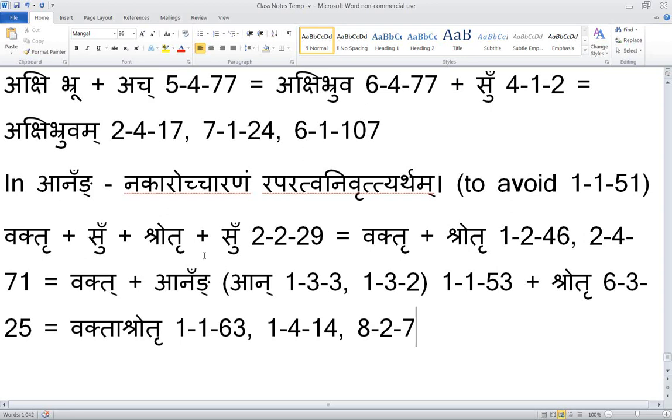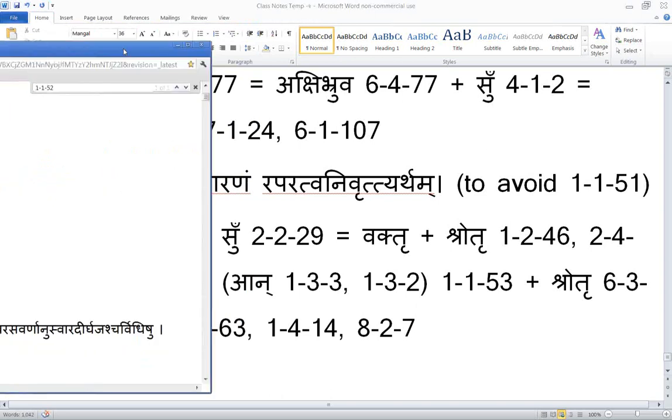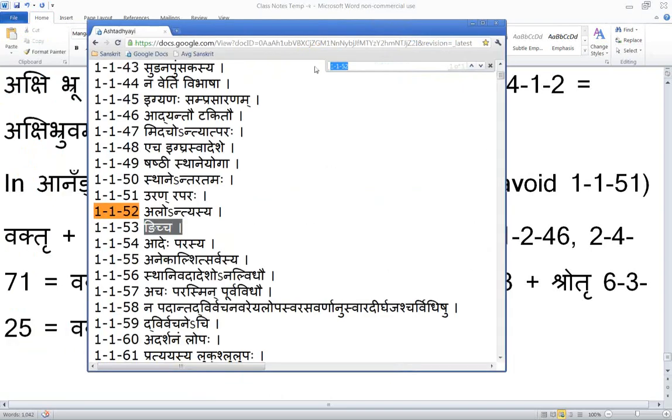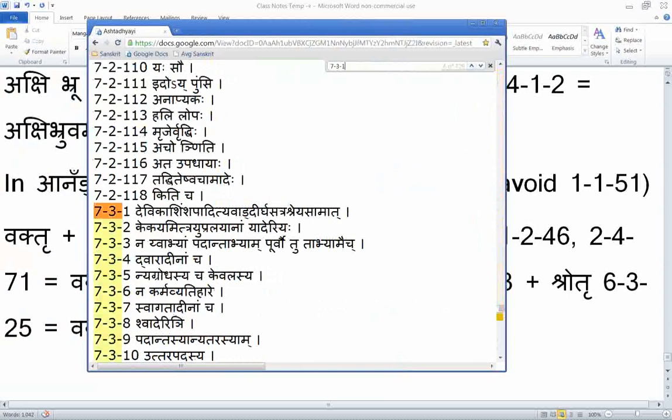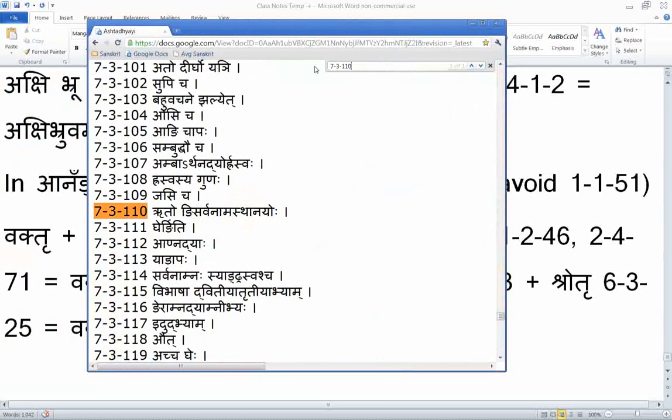So vaktara, vaktru cha, vakta cha, shrota cha, ta shrotaro. Shrotaro, of course, when we decline it, we are going to use this sutram Ruto ni sarvanamsthanayoho.